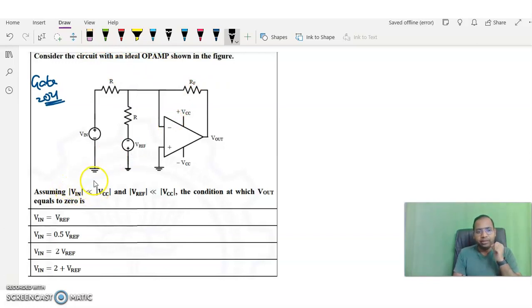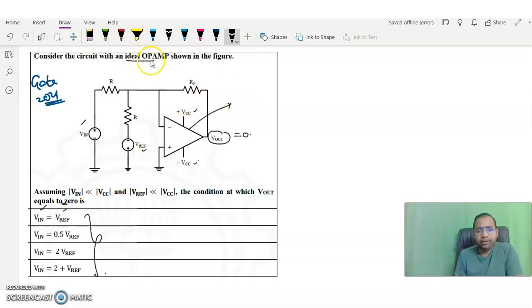Assuming Vin, that is this input voltage, is less than VCC, and V reference is also less than VCC, if Vout is equal to 0, what is the relation between the input voltage and the reference voltage? That's what the options are given here. So come on guys, let's have a look at how to work out this one.